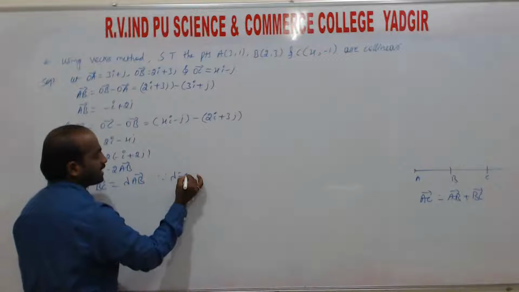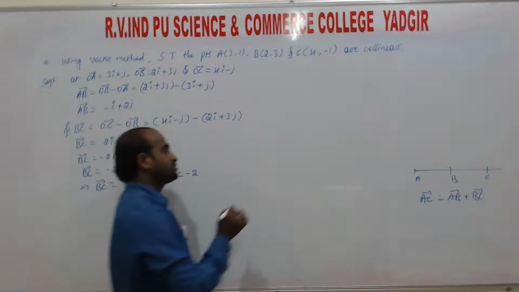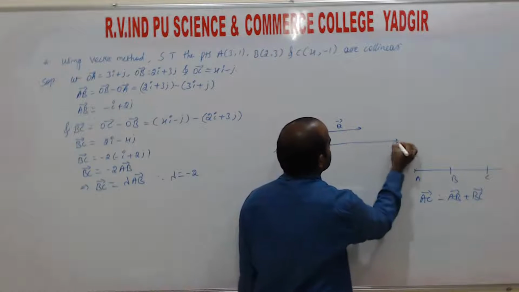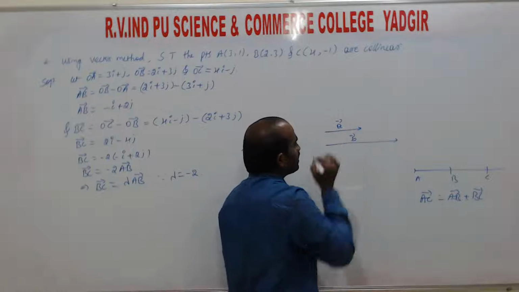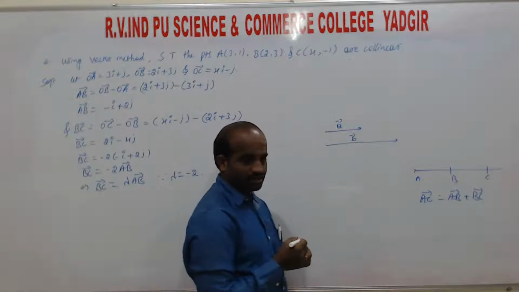Lambda is any scalar. Lambda is equal to minus 2. Consider this one as vector a and this one as vector b. If a and b are scalar multiples, like on the same line, it means a and b are parallel.